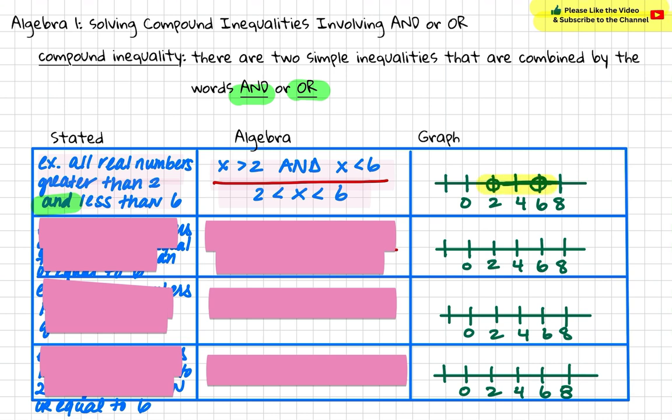Alrighty. The second example we're going to go over is where it can say something like all real numbers are greater than or equal to 2 and less than or equal to 6.